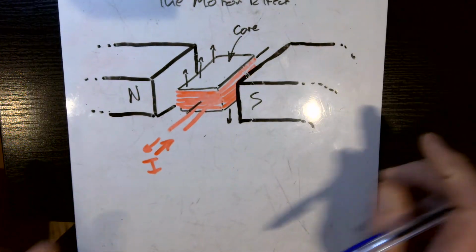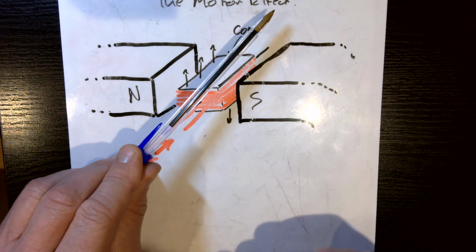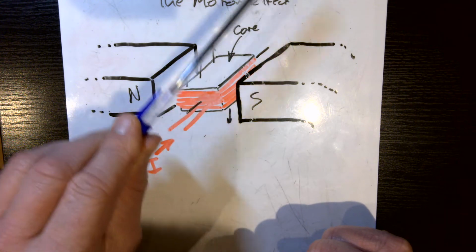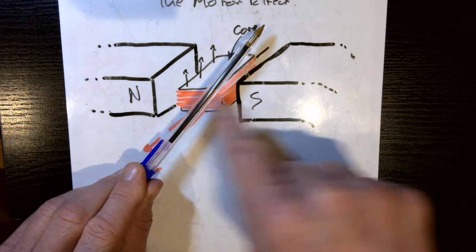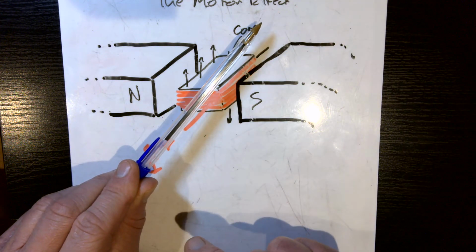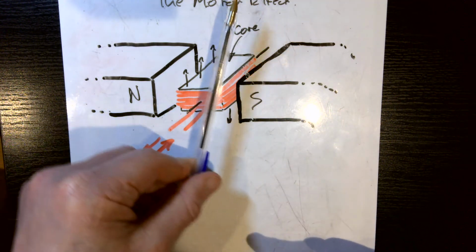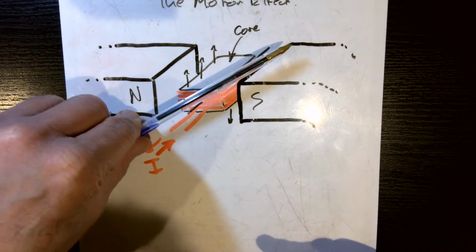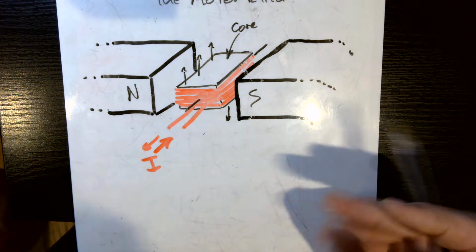So rather than the coil, just stick a great big wire through the middle with electricity, and what you'll find is that gets repelled upwards or downwards, depending on which way round the north and south is, depending on which way the current is flowing. But also it depends on the orientation. So if we change the angle of this, we'll actually get bigger or smaller forces.